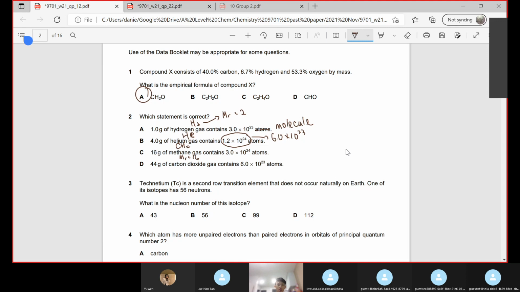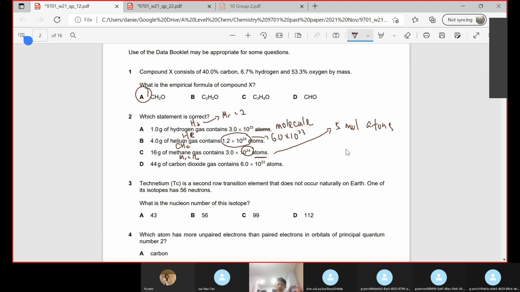But if we want atoms, since CH4 has 5 atoms, 1 mole of methane gas will have 5 moles of atoms.